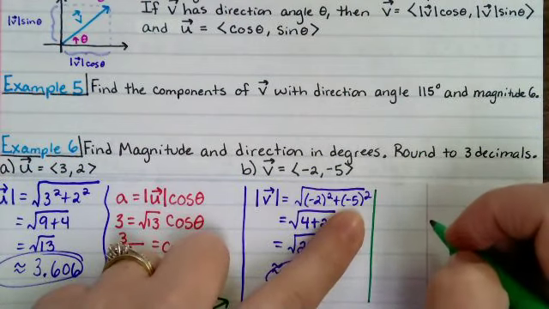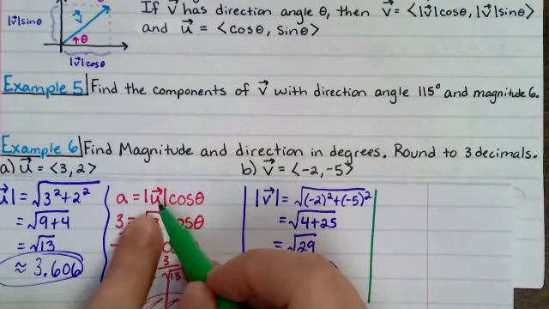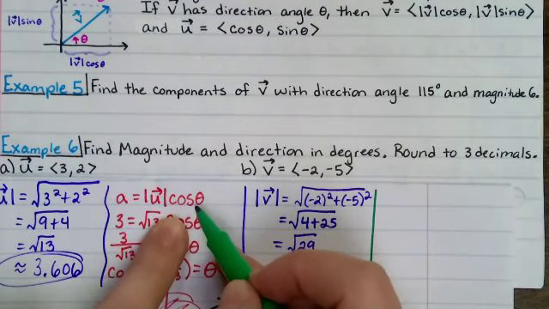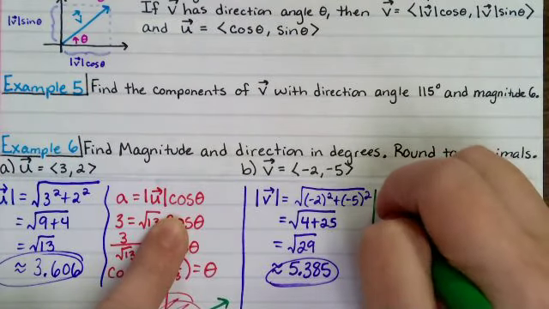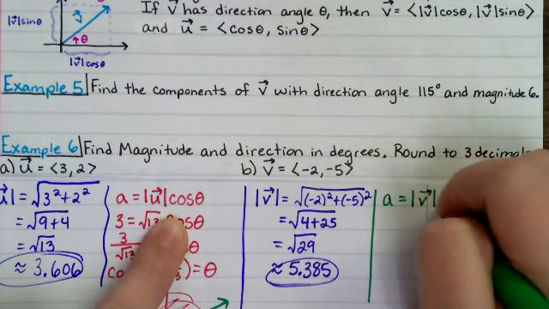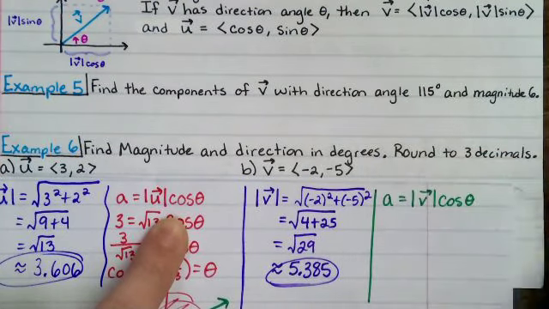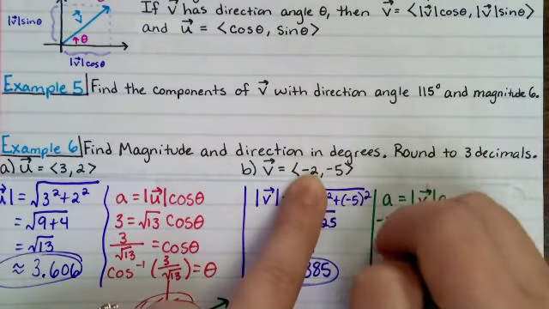Okay. We're going to start off the same way we started the last one. You remember how I said A equals the magnitude of U cosine theta? I'm going to start off the same way. So I'm going to still think of that. A equals, now this is the magnitude of V cosine theta. I do know A, that's supposed to be negative 2.